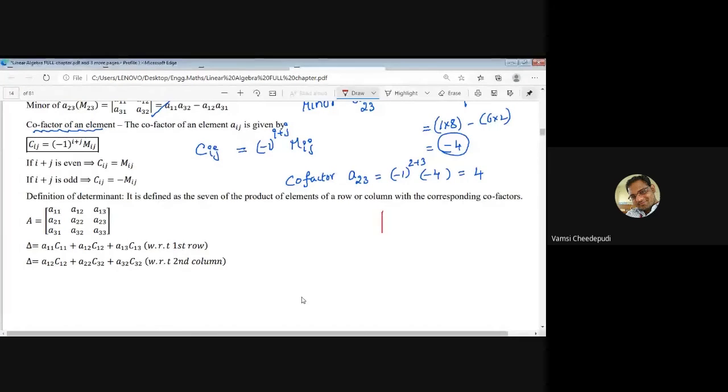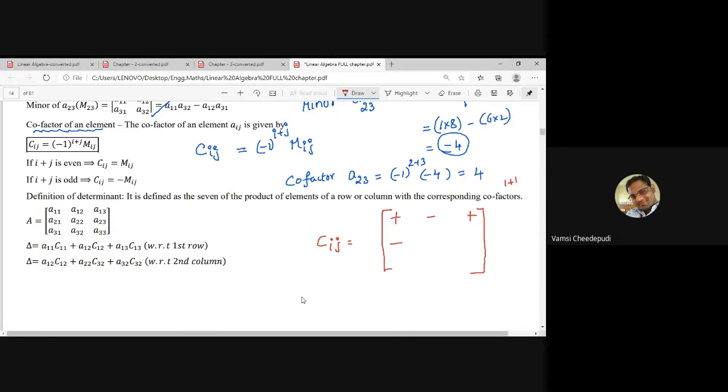When you are taking the cofactor matrix, if your Mij are ready, I am talking about a 3 by 3 matrix. So here the symbol is i plus j. This is the first row, first element: 1 plus 1, that is 2. So this is positive, this is negative, this is positive.